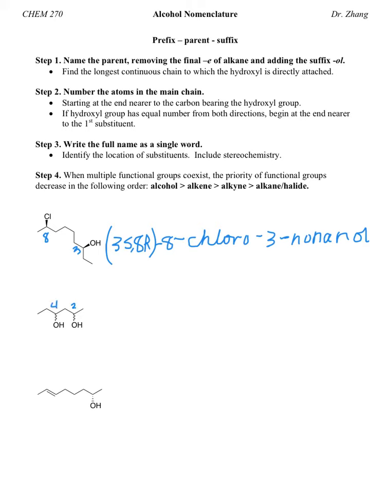Therefore, this molecule can be named 2,4-hexadiol. You may also name this compound hexene-2,4-diol.